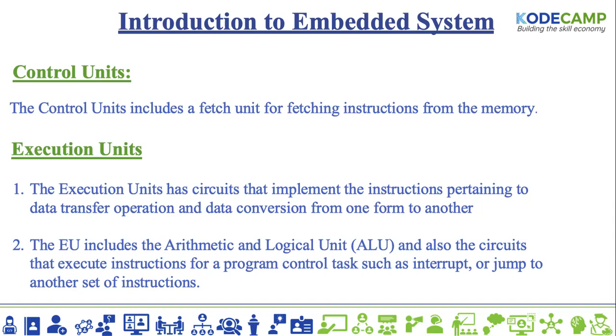So the execution unit includes the arithmetic and logical unit, which helps in doing your mathematical calculations: your addition, your subtraction, your multiplication, as the case may be. It also carries your logical unit. When we talk about logic, we talk about AND gate, OR gate, NOR gate, and NOT gate.